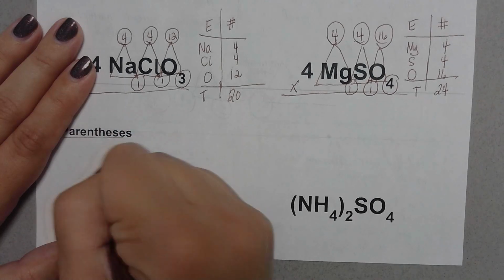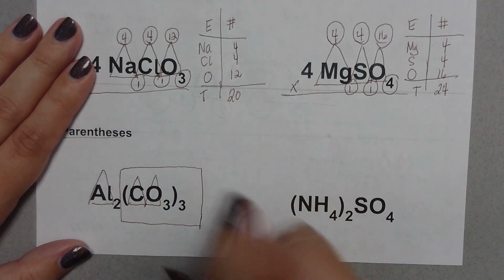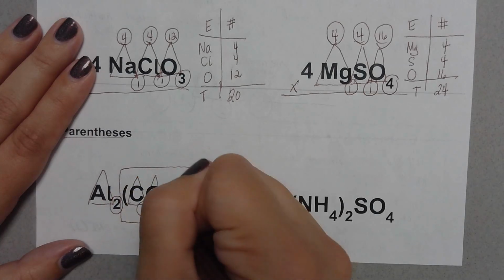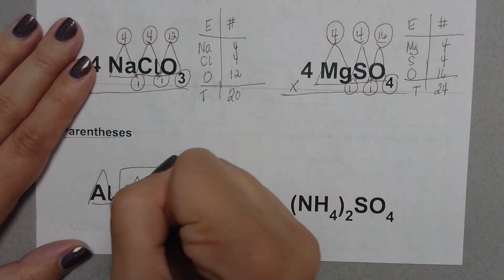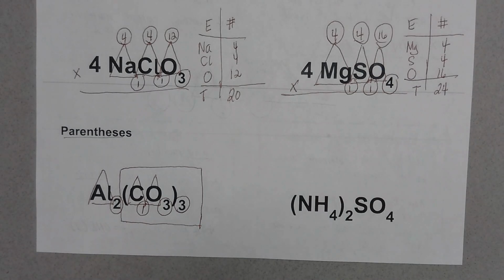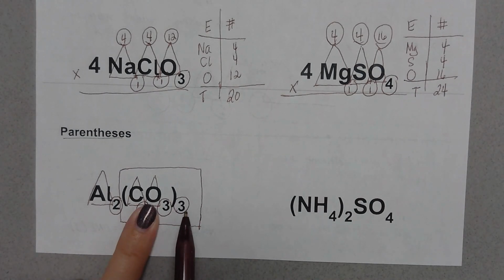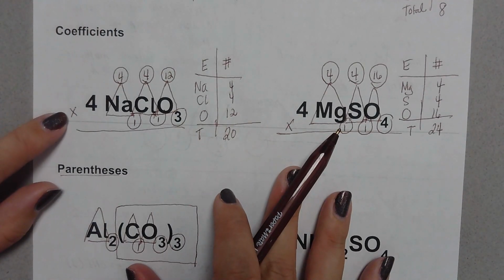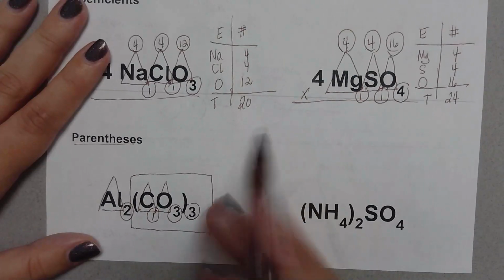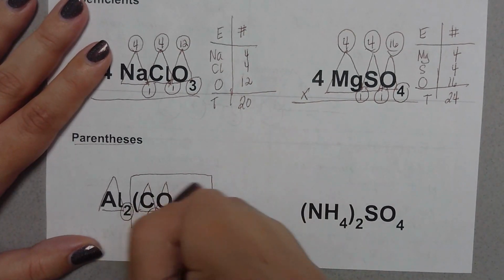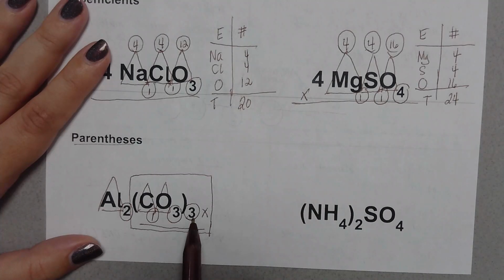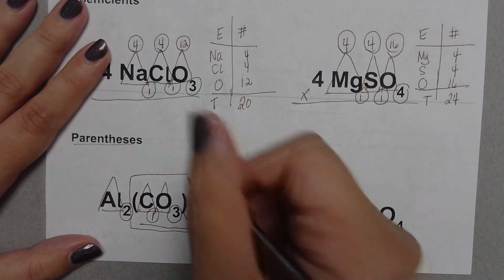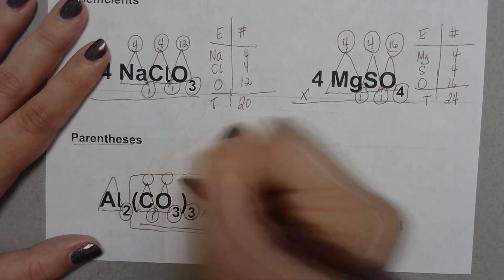So box or triangle your elements, circle your subscripts, and we're going to deal with everything inside of the parentheses first. Like we did with the coefficients where we drew an X and then a line, we're actually going to do that inside of our box, because this 3 needs to multiply everything inside of the parentheses.